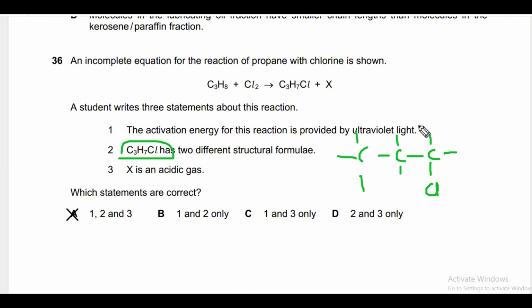The other will be 2-chloropropane: of the 3 carbons, the second carbon contains chlorine, and the others will be all hydrogen. So C3H7Cl has 2 different structural formulas: 1-chloropropane and 2-chloropropane.